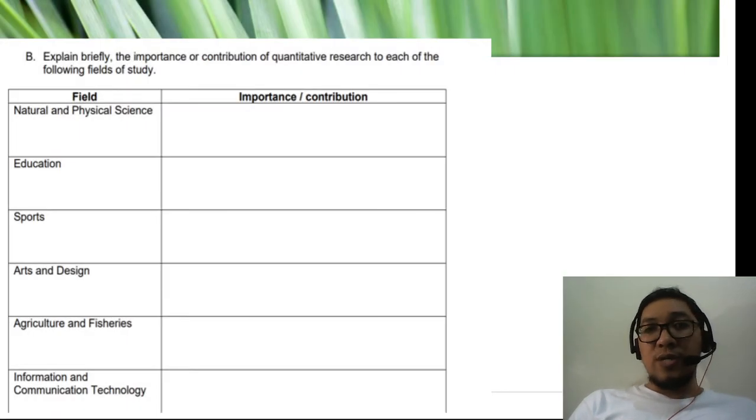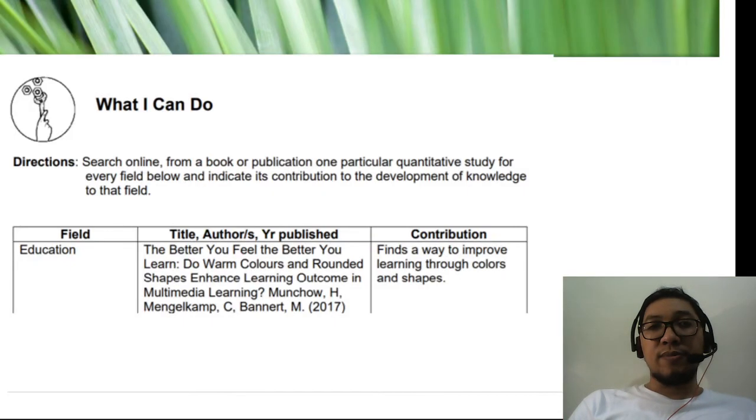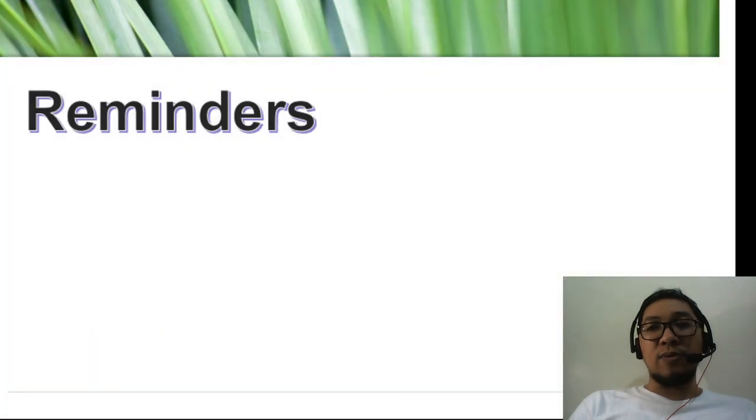And of course, this one, contribution to each of the following fields, but focus on the particular field where you belong. And lastly, this one, What I Can Do, just pick the field where you belong so that you'll be able to come up with a good answer. Just follow the format in the example below.